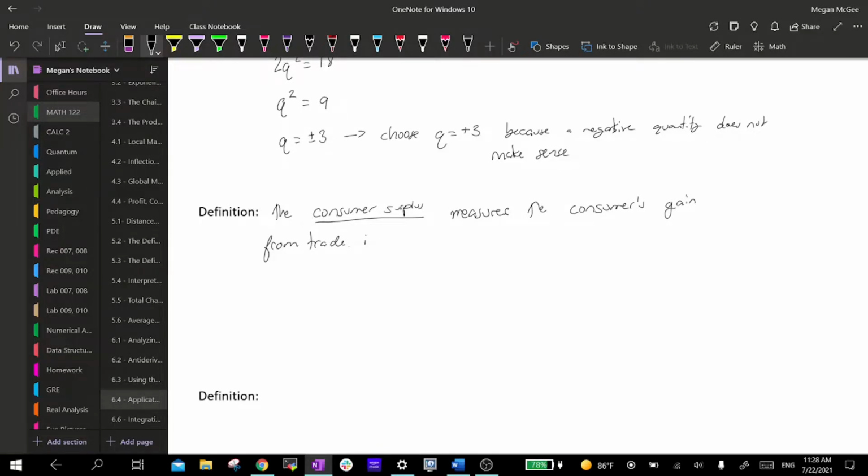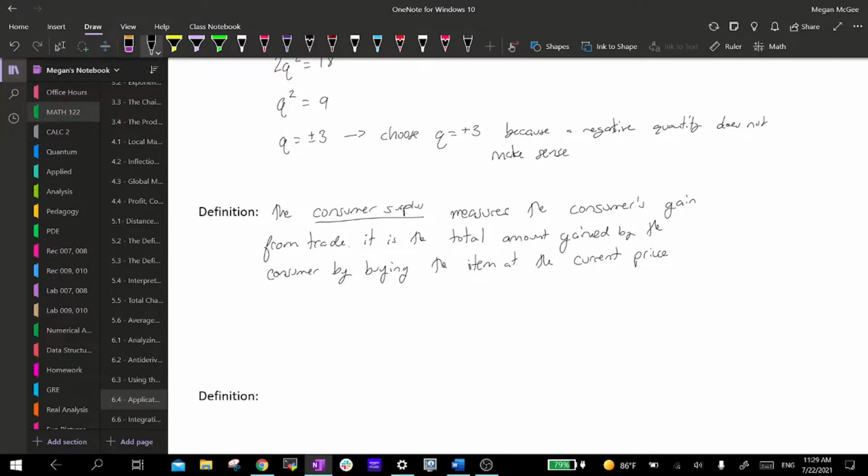It is the total amount gained by the consumer by buying the item at the current price instead of the price they would have been willing to pay.